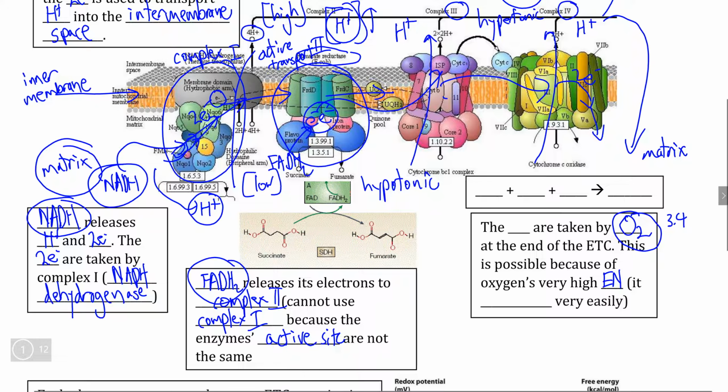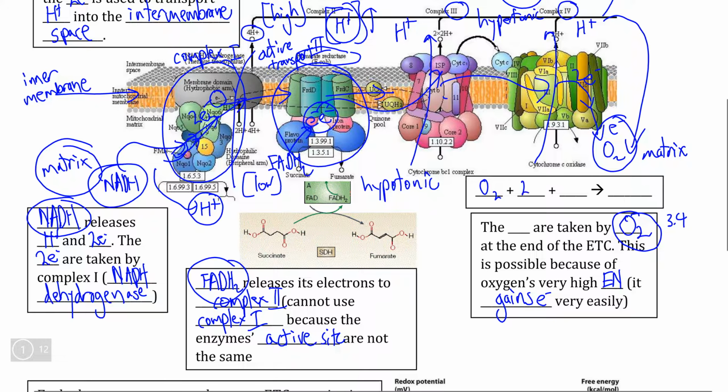But the point is, only fluorine is better at gaining electrons than oxygen is. And as a consequence of oxygen's ability to gain electrons very easily, we refer to oxygen as the terminal or final electron acceptor that is essential for the electron flow in the electron transport chain, and we can actually illustrate what happens here.